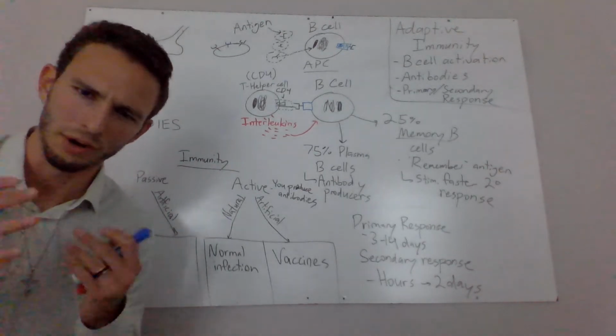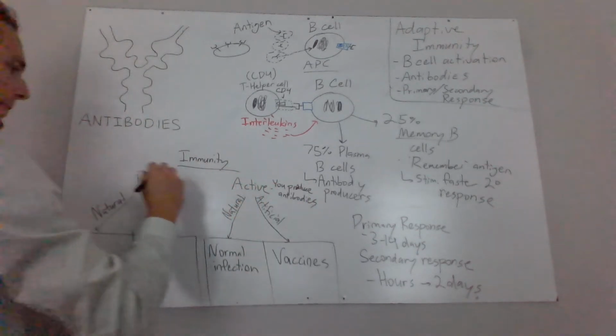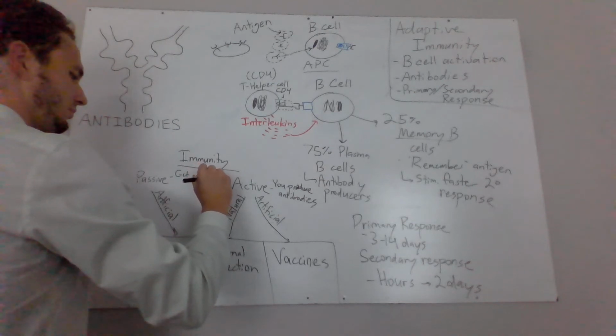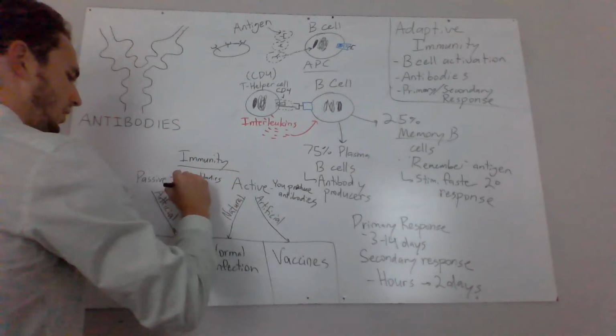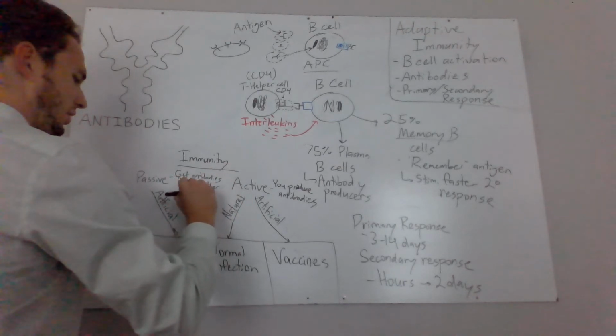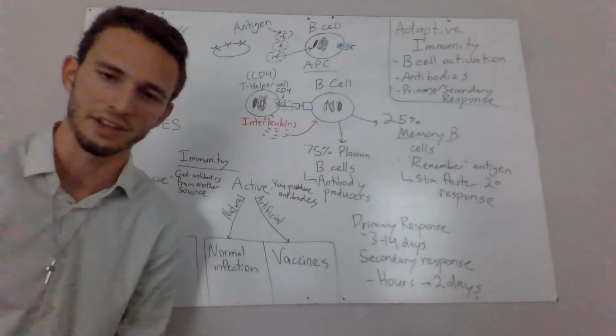You may be asking, okay, what's passive then? Well, if active was you are producing the antibodies, passive means you get the antibodies from another source. Okay, so here you are getting antibodies from another source. Let's think about this.